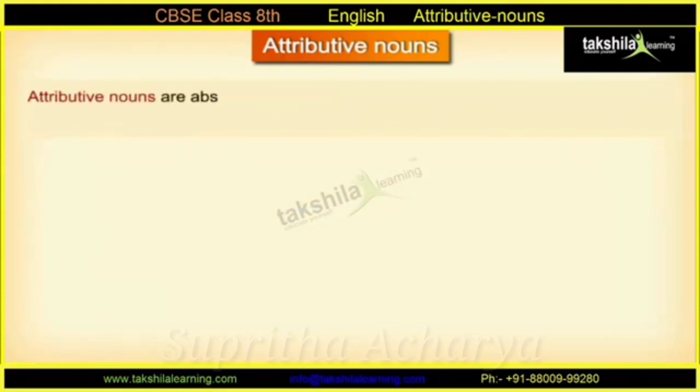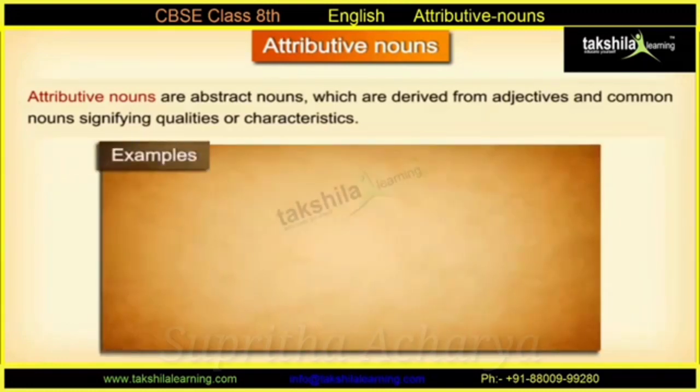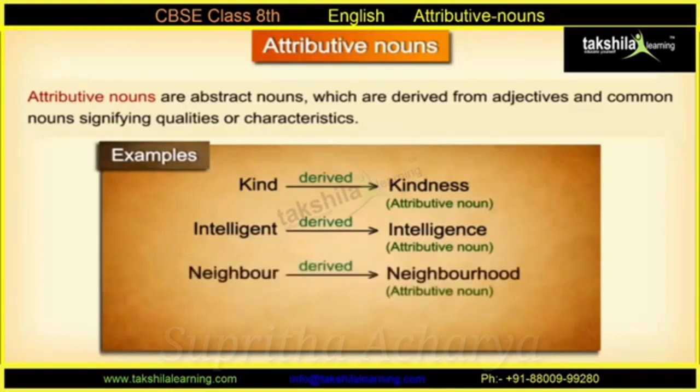Attributive nouns are abstract nouns which are derived from adjectives and common nouns signifying qualities or characteristics. Some examples of attributive nouns are kindness, derived from the adjective kind; intelligence, derived from the adjective intelligent; neighborhood, derived from the common noun neighbor; childhood, derived from the common noun child.